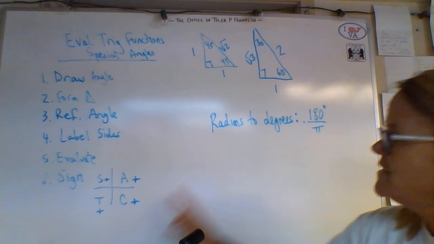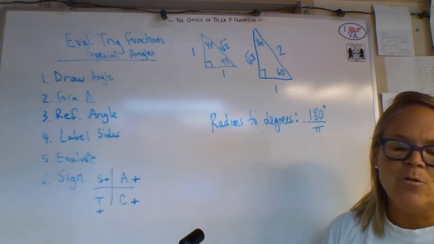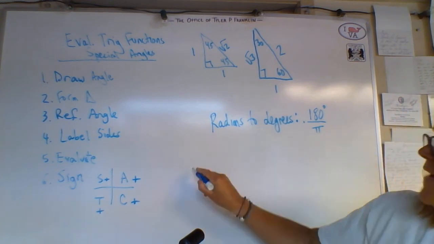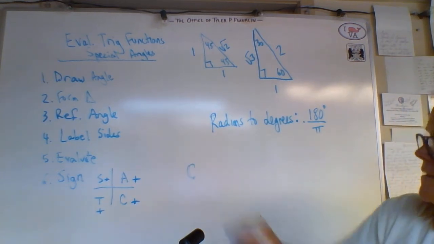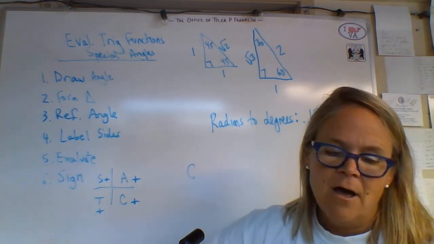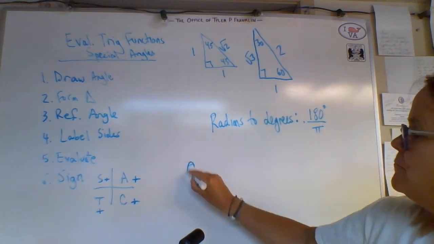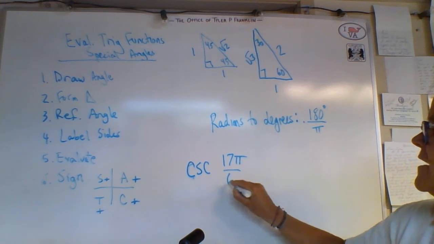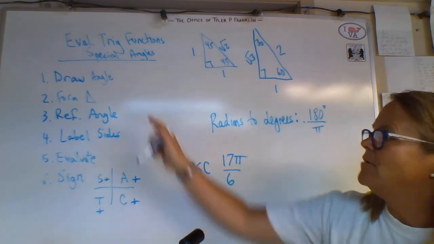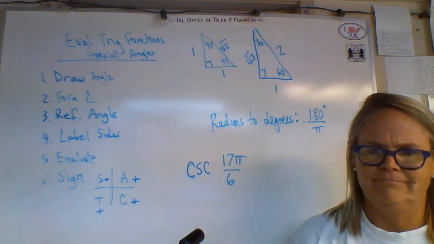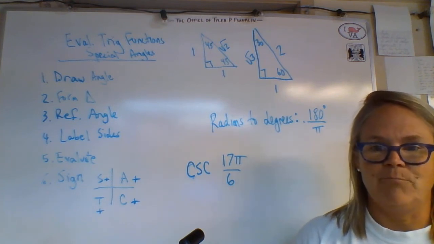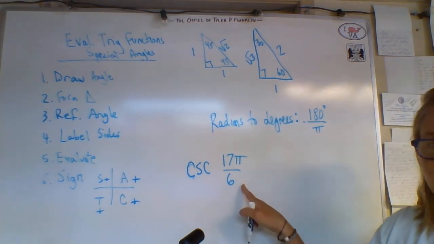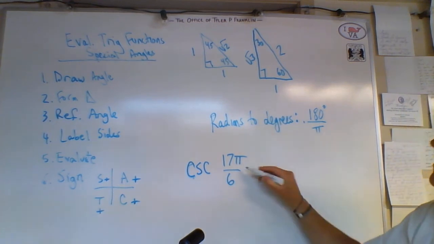Now, what's different? What if I gave you a question that said, okay, I need you to find the cosecant of 17 pi over 6. Well, first step is draw. I don't know where 17 pi over 6 is. So what do I do? Change radians to degrees.